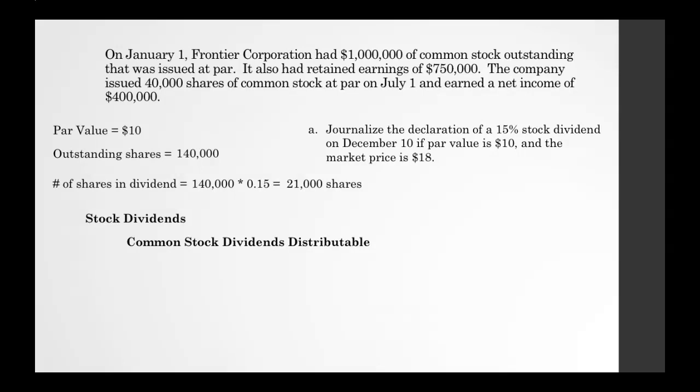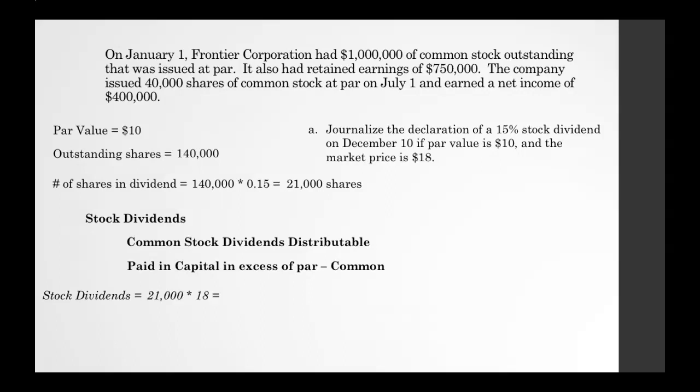We aren't distributing these stock dividends yet, so we toss it into this distributable account, saying that we'll do it later. Then we have our paid-in capital in excess of par. Because our par value is only $10, our market price is all the way up at 18. Right? So because we have that difference, that's what tells us that we're going to need our paid-in capital in excess of par.